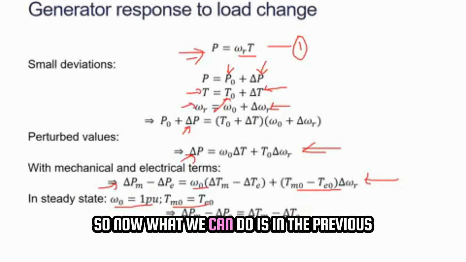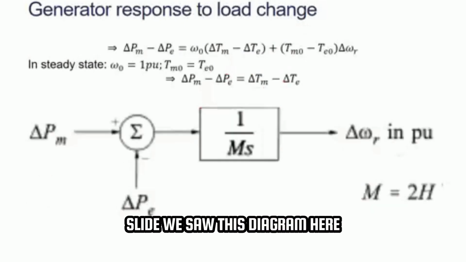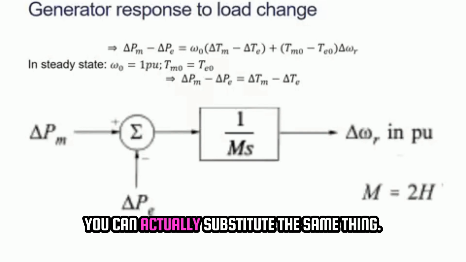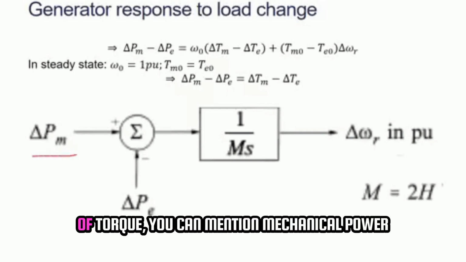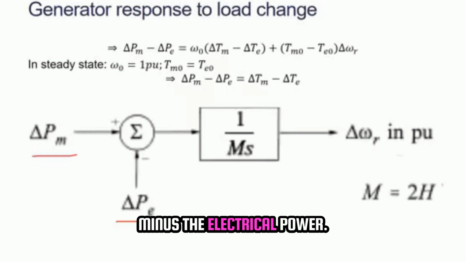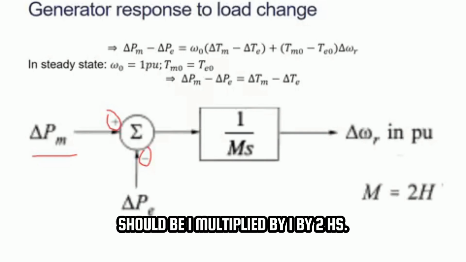Right. So now what we can do is, in the previous slide we saw this diagram. Here you can substitute the same thing in this diagram. Instead of torque you can mention mechanical power minus the electrical power. See here it is plus minus electrical power, multiplied by 1 by 2Hs.